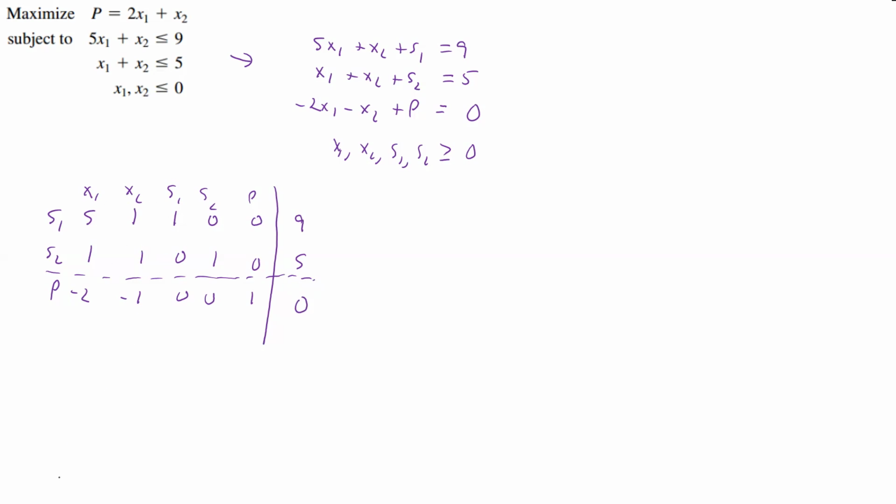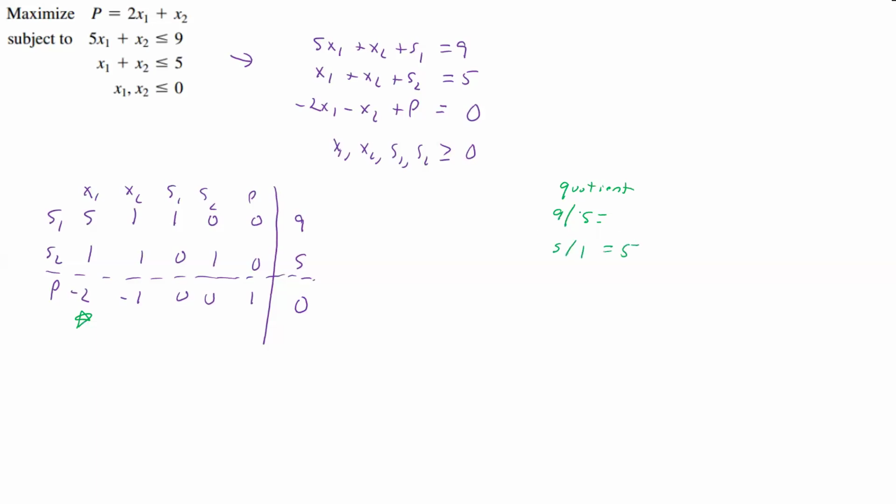Now from there, I need to find which one is the most negative. Well, the most negative is going to be this one. It's the biggest negative. And so now I'm going to find the quotients to find out which row. So I'm going to take the 9 divided by 5, and so that's 9/5. I'm just going to leave that as 9/5. And then I'm going to take 5 divided by 1.